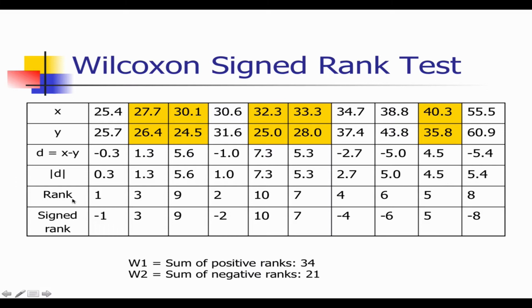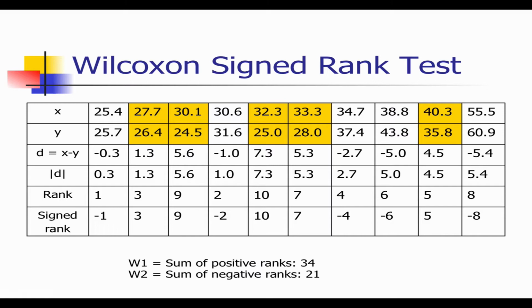The next thing you do is you get the rank of the unsigned difference. The smallest one is 0.3, and then the next smallest one is 1. So you essentially get the rank of those. If you have a tie, you take the average rank.